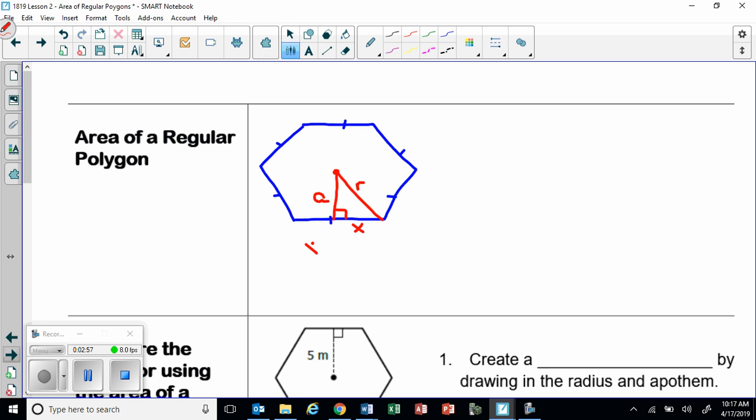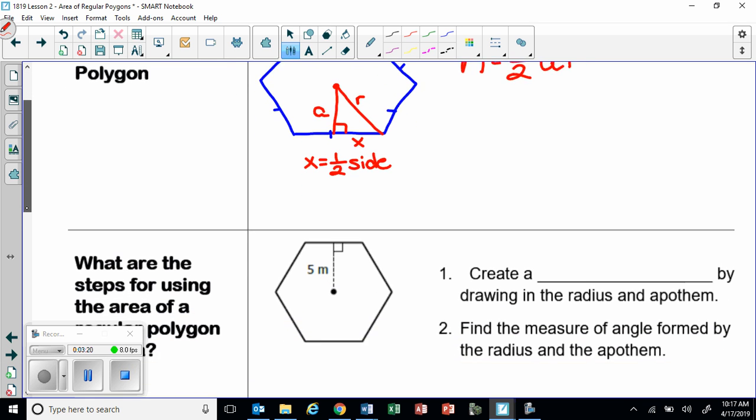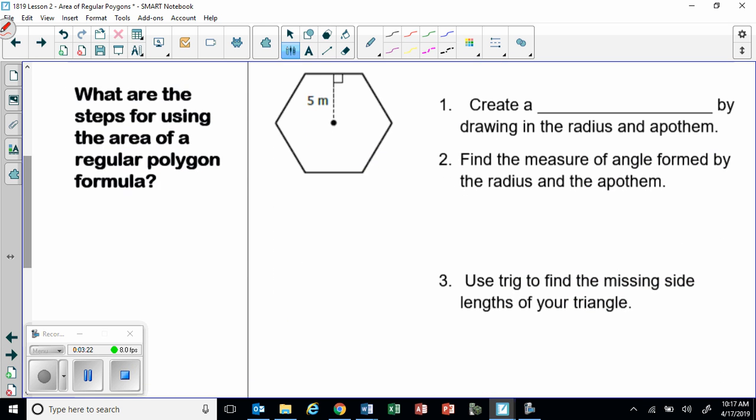And x is 1/2 of a side. So for a regular polygon, area equals 1/2 the apothem times the perimeter. So we need the side lengths to find the perimeter, and we're going to need the apothem, and that's where the trig comes in. So what are the steps for doing this?